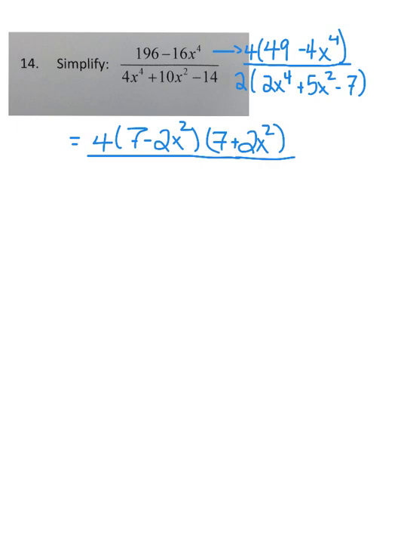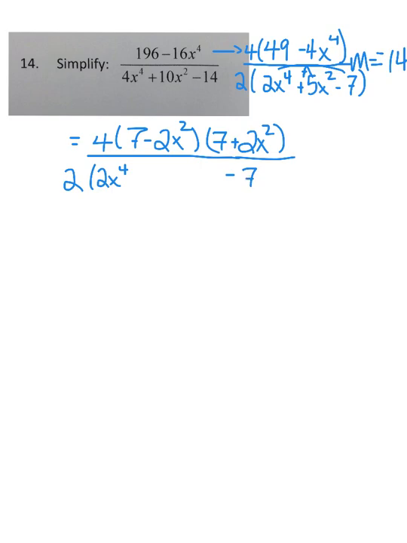All right, now let's look at what we have in the denominator. So we took out a 2, right? Well, I have a trinomial here, so I want to figure out what multiplies to negative 14 and would add to 5. Okay, so remember we bring down the first term and we bring down the last term.